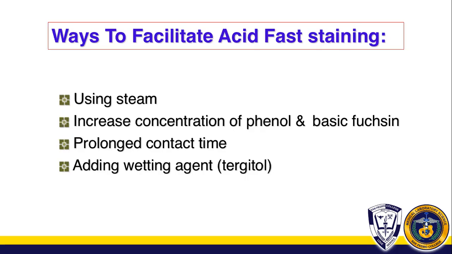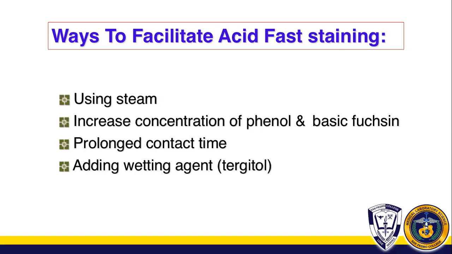Then you can also add wetting agents. When you have added wetting agents like Tergitol, there's no need for heating. Wetting agents are also called surfactants. Surfactants are chemical substances that increase the spreading and penetrating properties of a liquid.